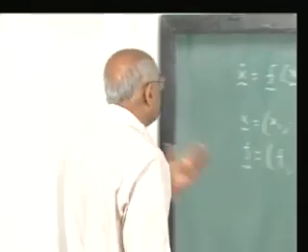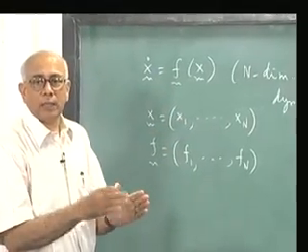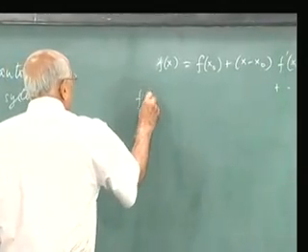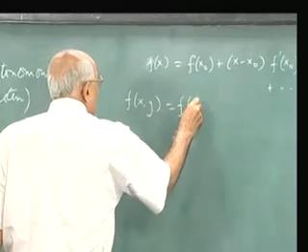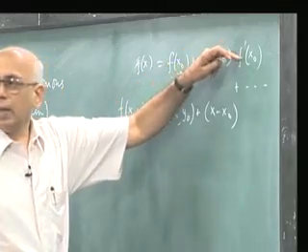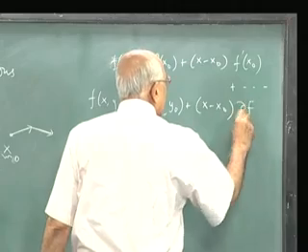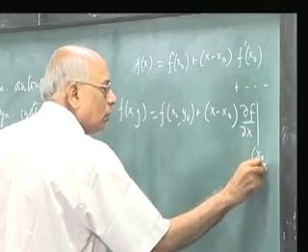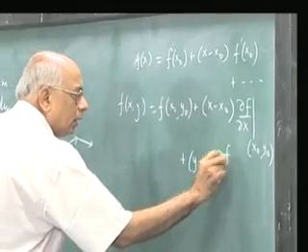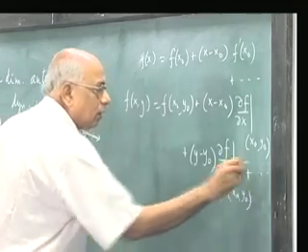If I have a set of variables x1, x2 etc., then again I do a Taylor expansion, but this is a joint expansion in all the variables. And for instance, if I had two variables f of x comma y, I would write this f of x naught comma y naught plus there is an x minus x naught multiplied by the partial derivative delta f over delta x at x naught y naught plus a term which is proportional to y minus y naught delta f over delta y at x naught y naught plus higher order terms.